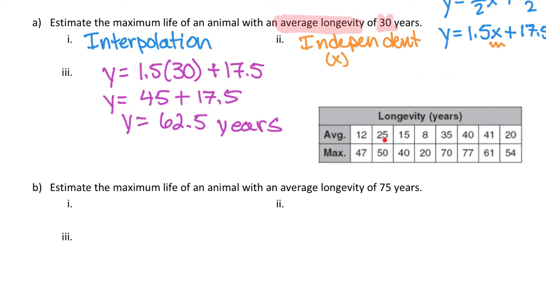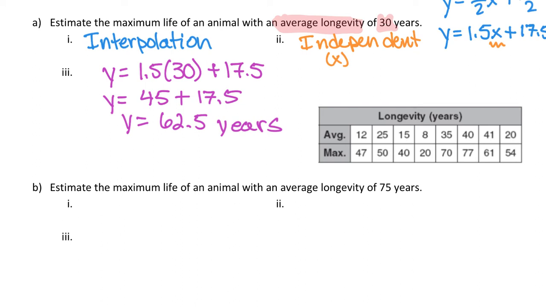I brought our table back again so that we can use it for this next problem. Estimate the maximum life of an animal with an average longevity of 75 years. So my average, you can see I don't have any numbers greater than 41. So 75 is way outside of this group of numbers.